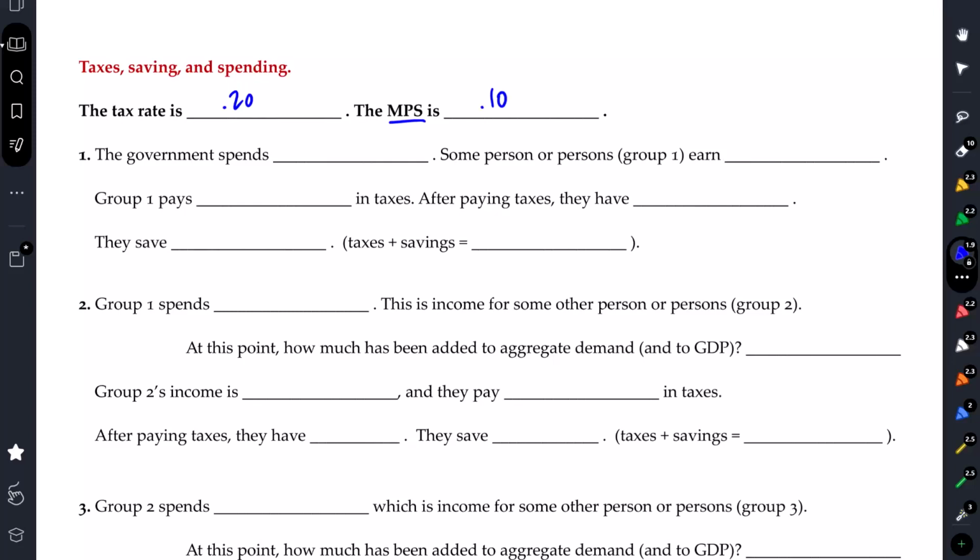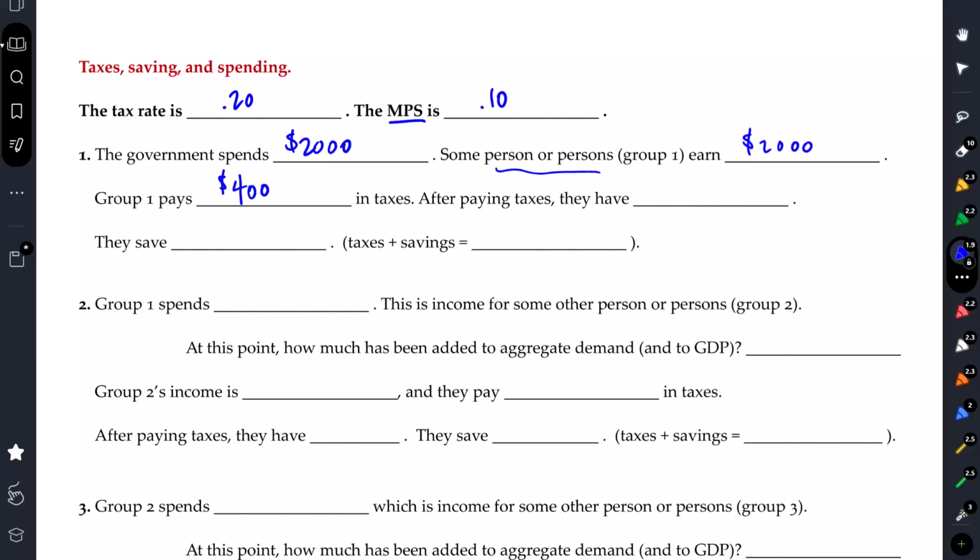Okay, so like before, the government's going to spend $2,000, and someone or some group of people are going to earn that $2,000 doing whatever the project is. Building a bridge, let's say. Okay, so these people are again going to pay $400 in taxes.